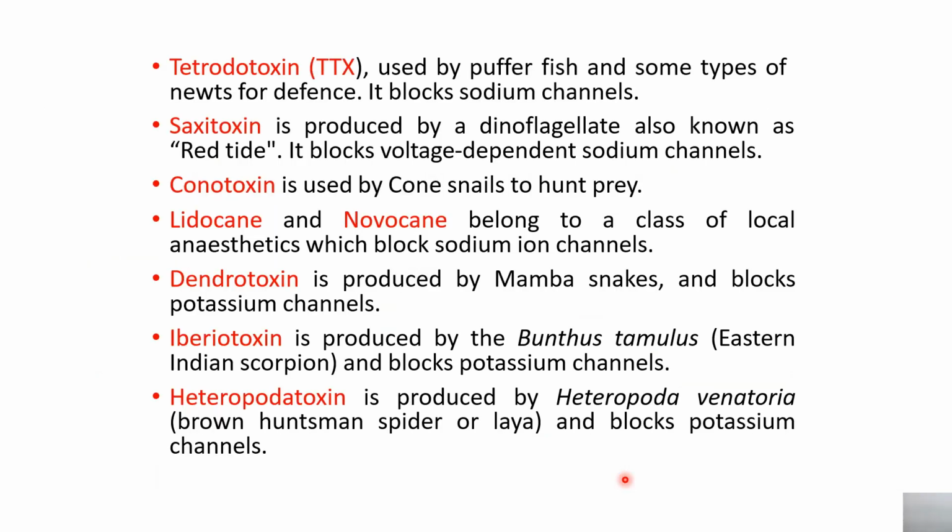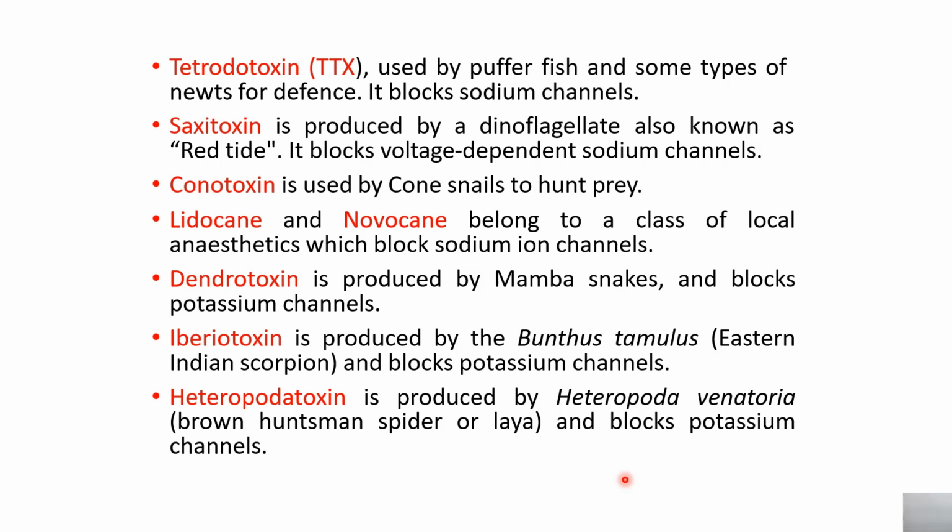Now, a little bit about the examples we have over here. Tetrodotoxin is used by puffer fish and some types of newts for defense. It blocks sodium channels, and puffer fish is apparently very poisonous. Okay. Then we have saxitoxin, which is produced by a dinoflagellate, also known as a peptide, also very poisonous. It blocks voltage dependent sodium channels. Then conotoxin, used by cone snails to hunt prey.